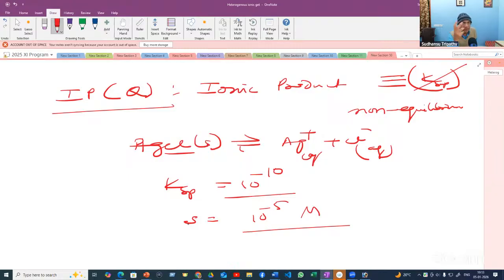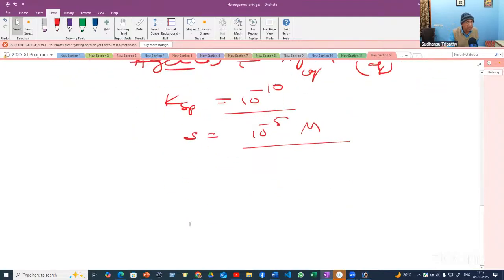The two may be different, but the product is a constant quantity. So 10^-3 into 10^-8 is 10^-11, which is less than the Ksp, meaning it will not form a precipitate. And if it is greater, over and above the Ksp value, all the extra ions will combine to form an insoluble precipitate.